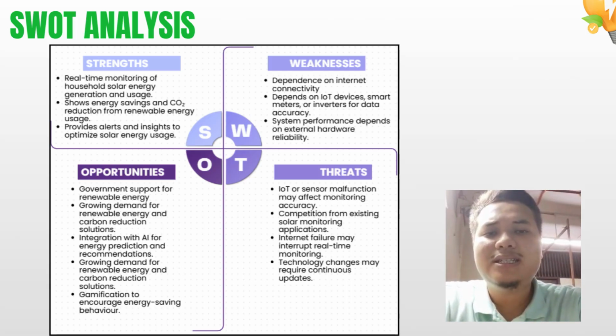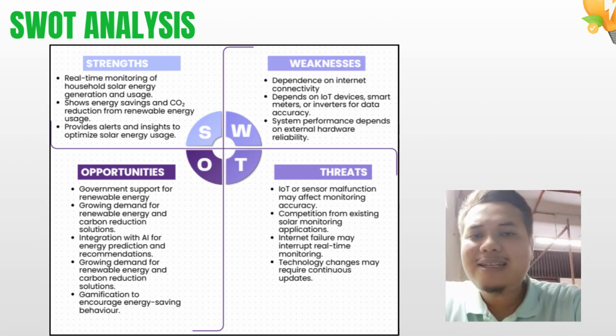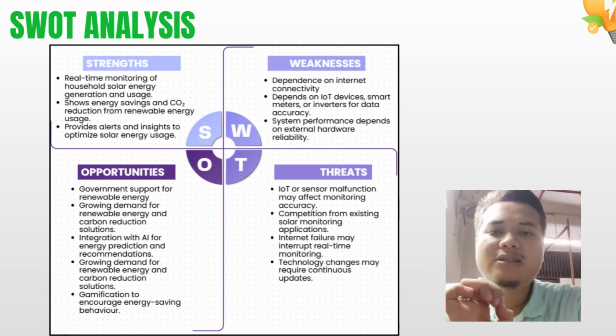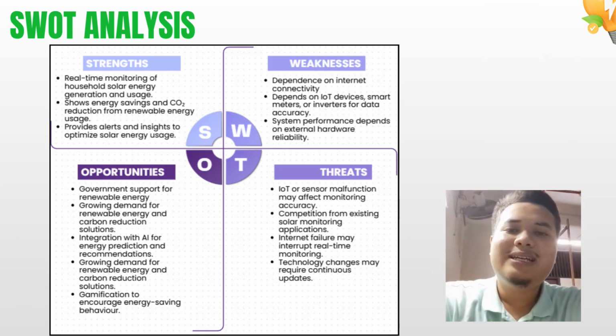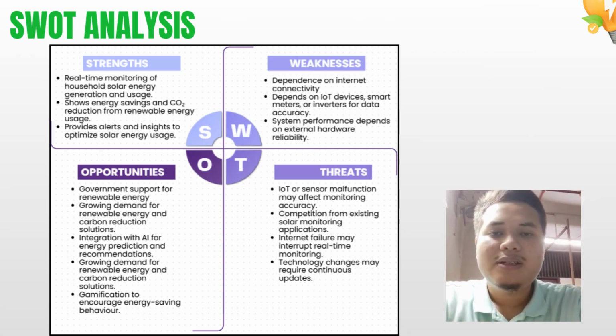Next are the weaknesses. The system is highly dependent on internet connection because monitoring data is transmitted in real time. If the internet connection is interrupted, users may experience delay in receiving updates or accessing the UI in the application.